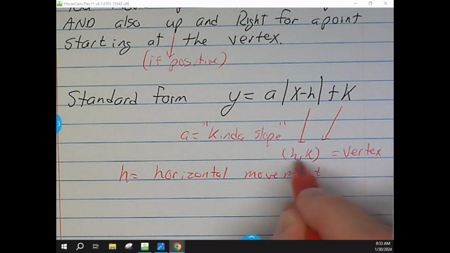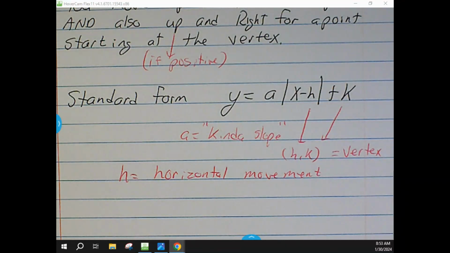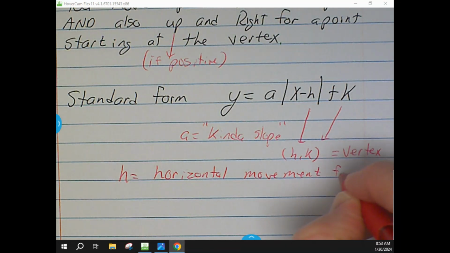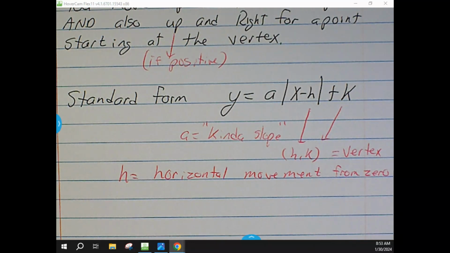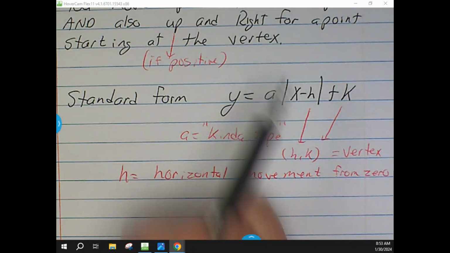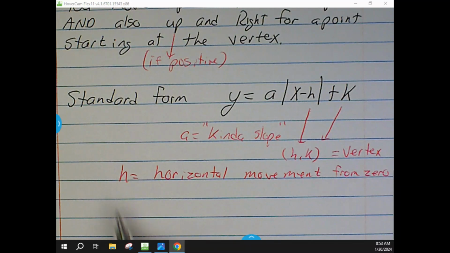So when you're getting your hk, your h is your horizontal movement from 0. To me, it always made sense because I've got h and it's horizontal.